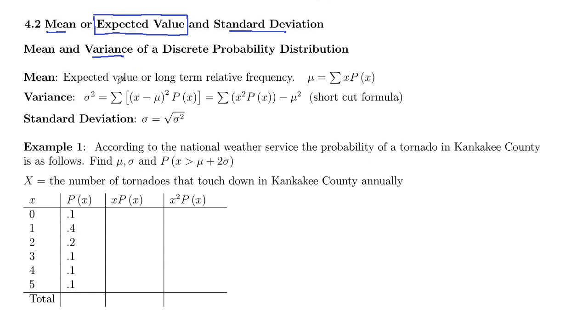So the mean, also called the expected value or the long-term relative frequency of the probability experiment, is just the sum of the x value times its probability. The reason that this works is, think if you had 3 test scores and you wanted to find the average of them.